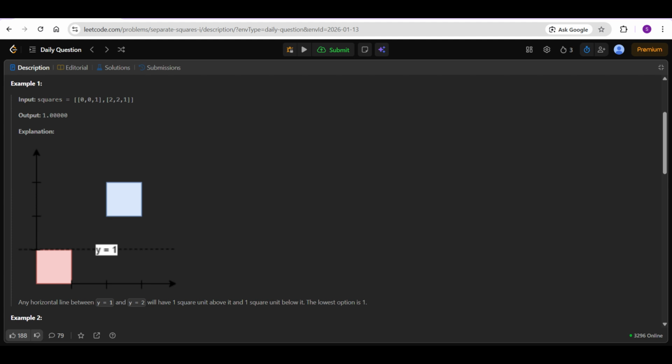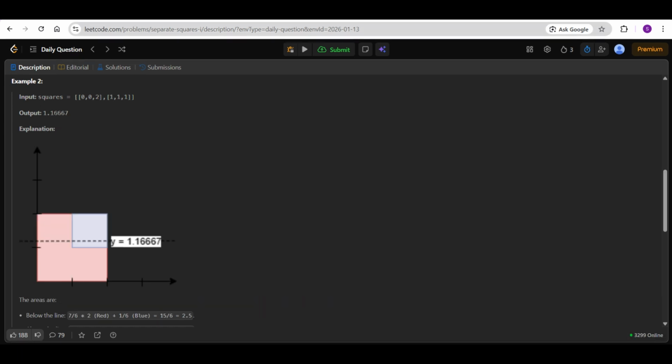Now, if we draw a horizontal line anywhere between y equals 1 and y equals 2, the total area below the line will be exactly 1 square unit, and the total area above the line will also be 1 square unit. Since the problem asks for the minimum possible y-coordinate, the answer is output 1.00000.